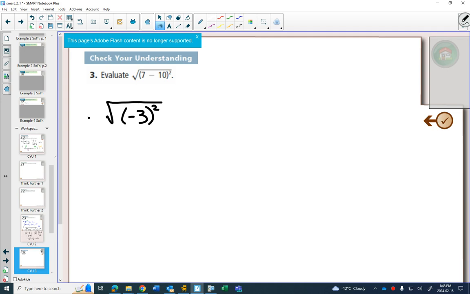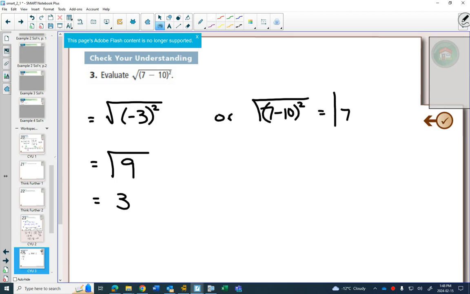Negative 3 squared is 9. Square root of 9 is only positive 3. Which would equal, simplify first inside. And we get 3 that way as well.